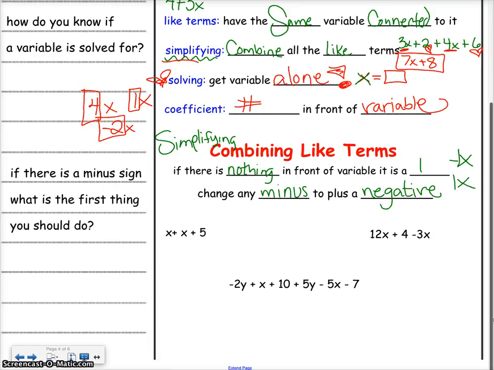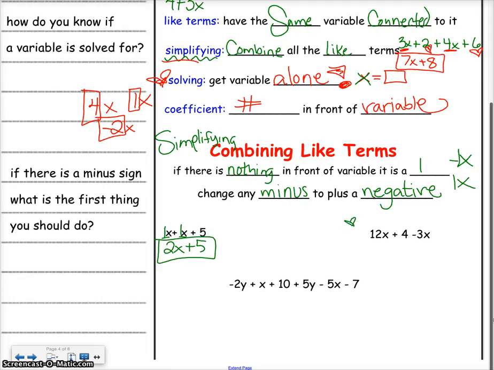All right, I don't have any minus signs, but I do have nothing in front of my coefficients or my variable, so I put a 1 there. 1x plus 1x gives me 2x's plus 5. And that is my simplified answer. Okay, next one.